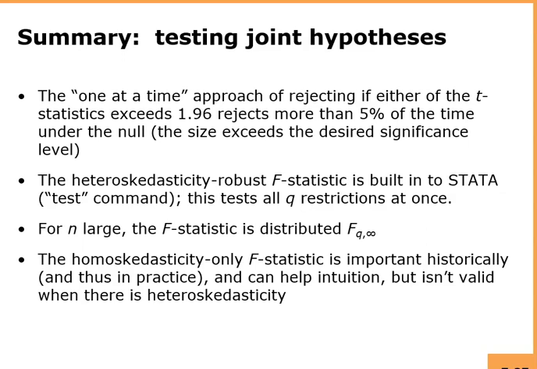And the heteroskedasticity-robust F-statistic is built into STATA, and you can simply use the test command to use that. For large n, the F-statistic is distributed with the distribution F(Q, infinity). That is what we will mostly rely on in this course and even in our data analysis in STATA.